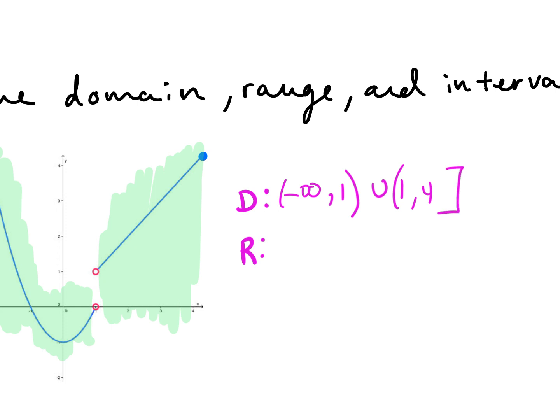Yes. Does it include 1? No. What would your domain be if one of these dots, like on WebAssign, was closed? Negative infinity to 4. Perfect. That one little change made a huge difference because the circle was open or closed.